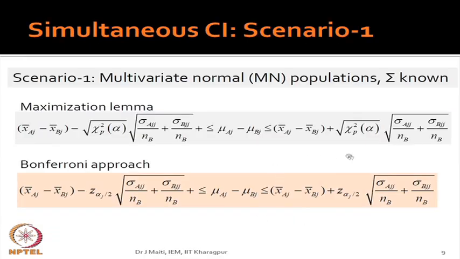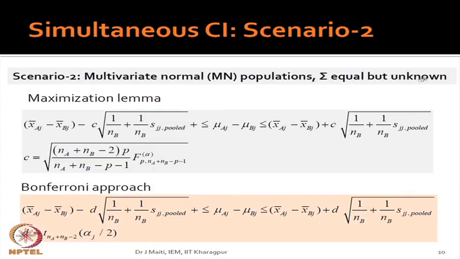Now we will use the same situation, the maximization lemma and the Bonferroni approach. Big equations. Okay, now see that for the maximization lemma and the Bonferroni approach, the difference is chi-square and z.